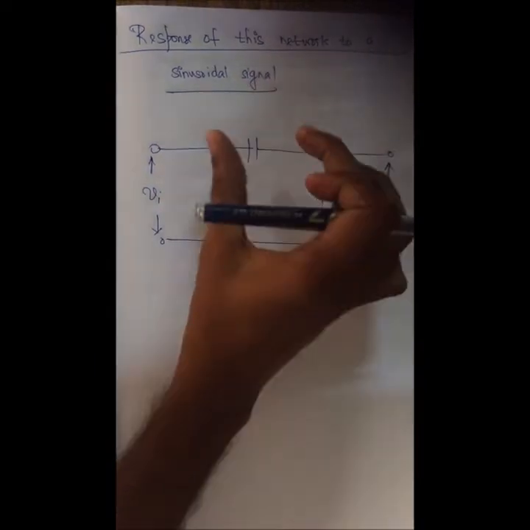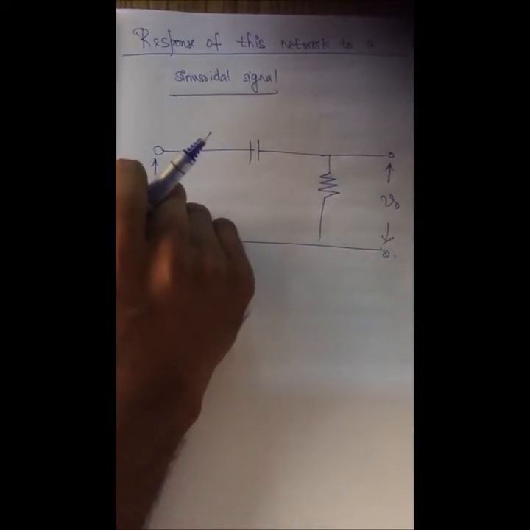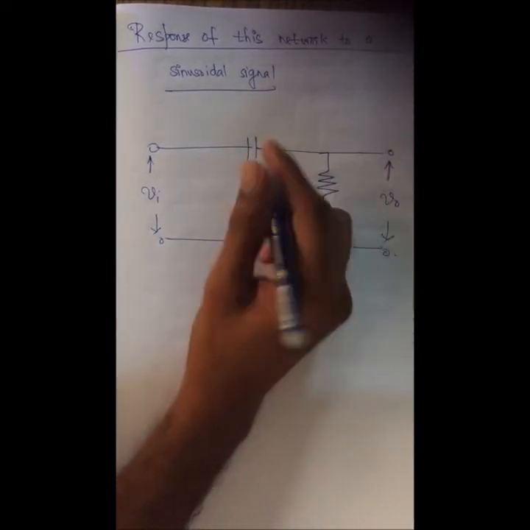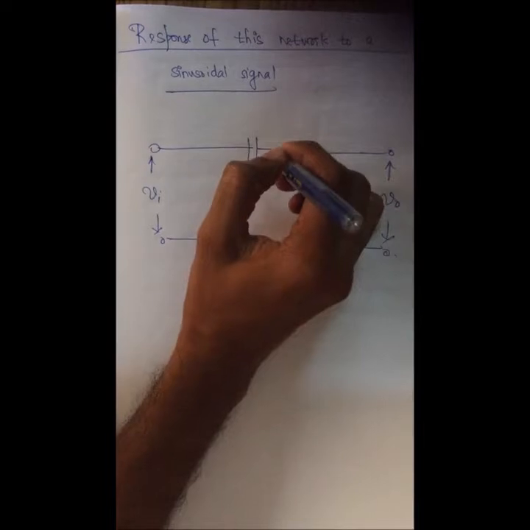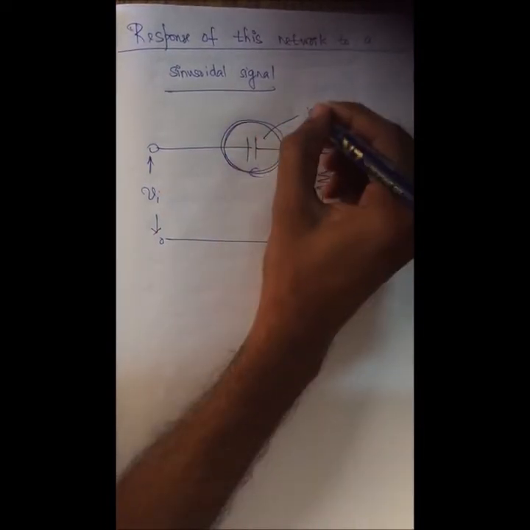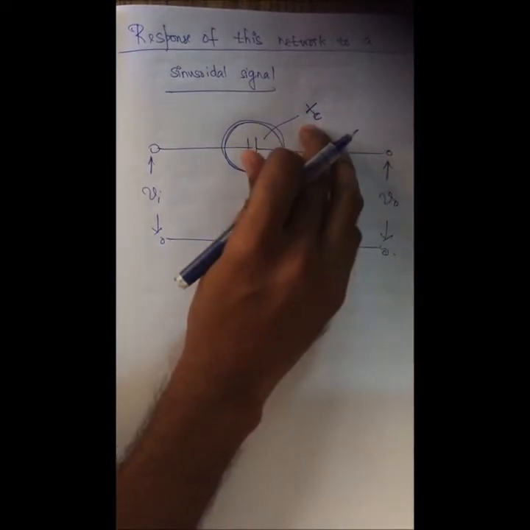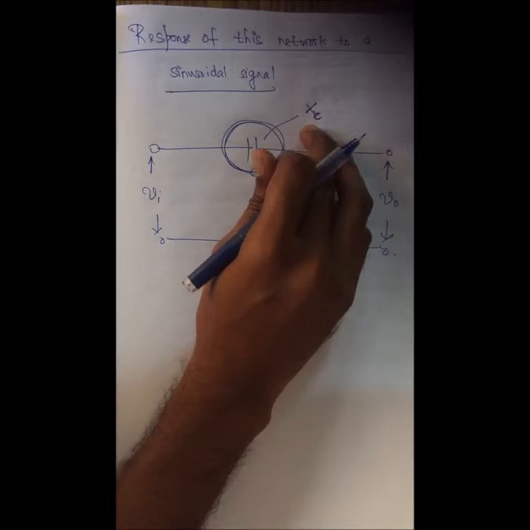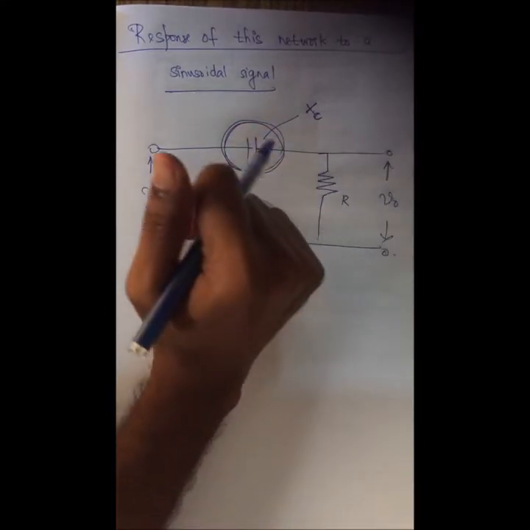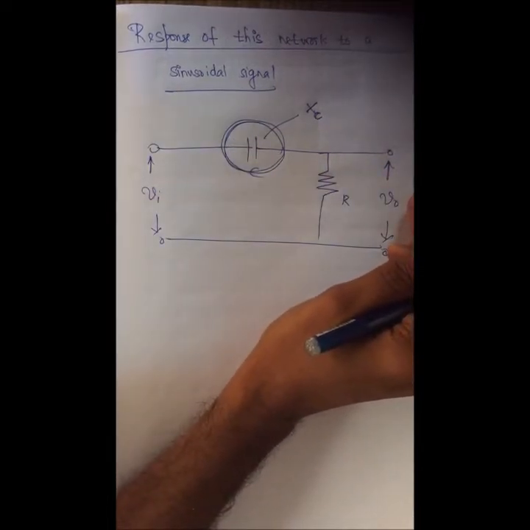Now, having given a sinusoidal signal, for different frequencies it is going to behave in a different way because of the nature of the reactance offered by the capacitor. It is denoted by the term Xc. Xc is the reactance offered by the capacitor. Because of this reactance, for different frequencies of the input, the output is going to be different.